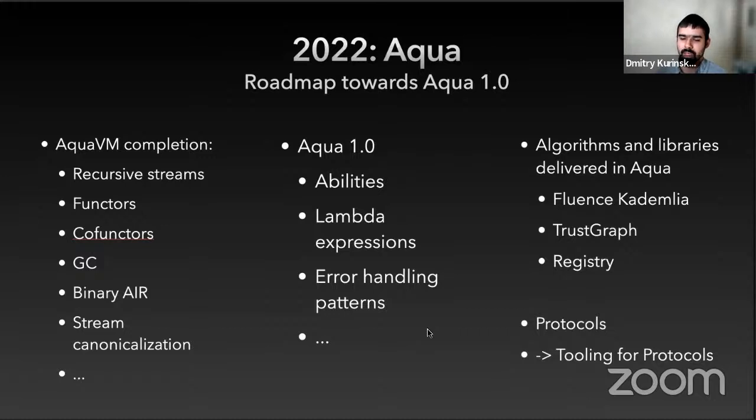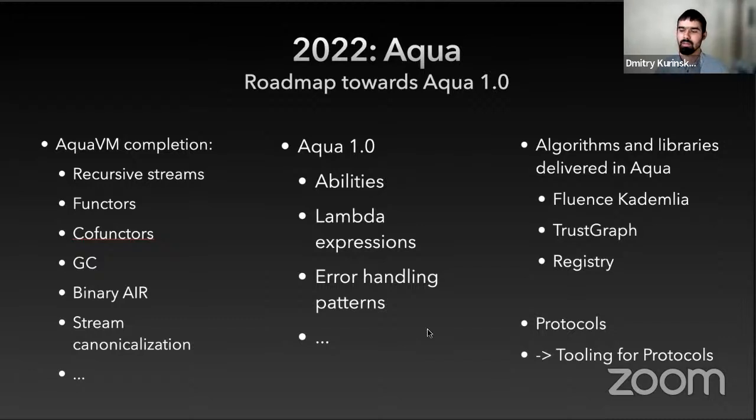It's a more complex, more feature-rich trust graph and registry, but also we need to switch to the Fluence Kademlia, which should be written in Aqua and Marine, and it will enable, finally, development of protocols.